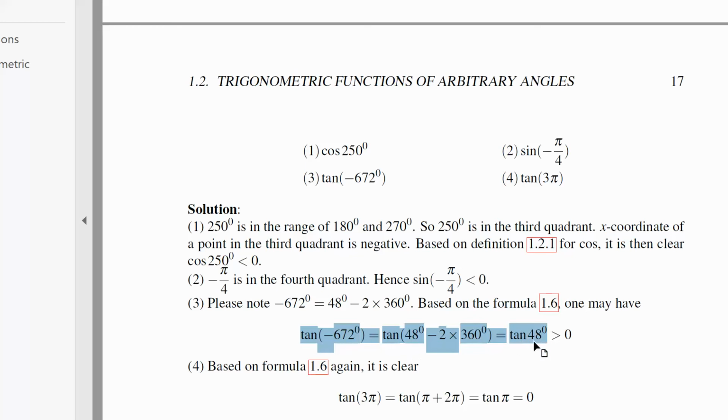And then since 48 degrees is in the first quadrant, y is positive and x is positive, so the ratio y over x will be greater than 0. So tangent negative 672 degrees should be a positive value.